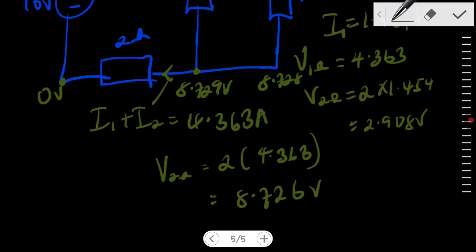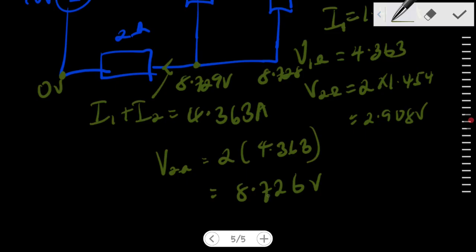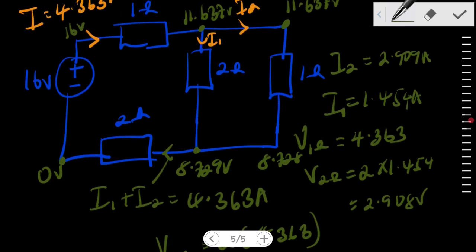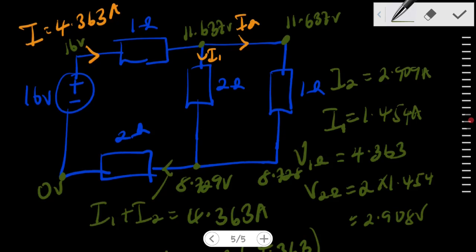Now you find that the PD across this resistor is 8.726. Now if you subtract, 8.729 minus 8.726 is relatively 0, right? So you find that that's why potential drops from the positive to the negative, and then rises from the negative to the positive. So that's it for this example.